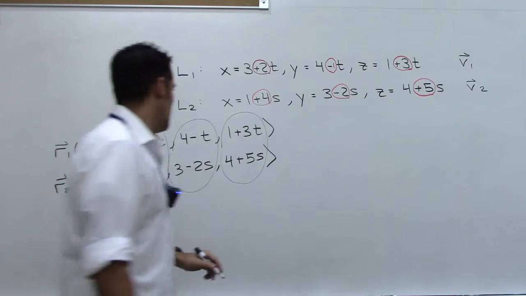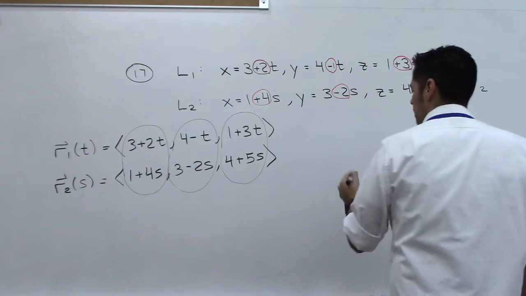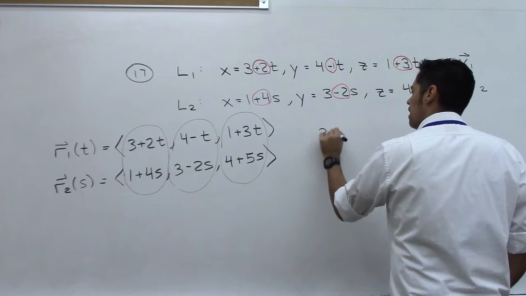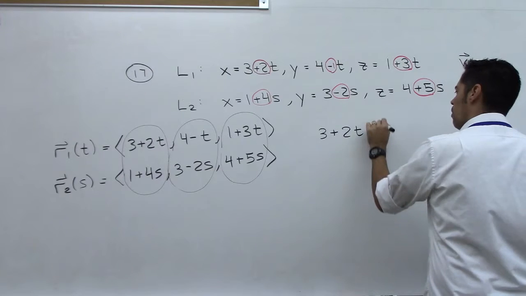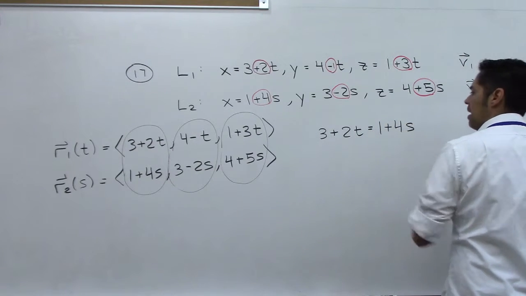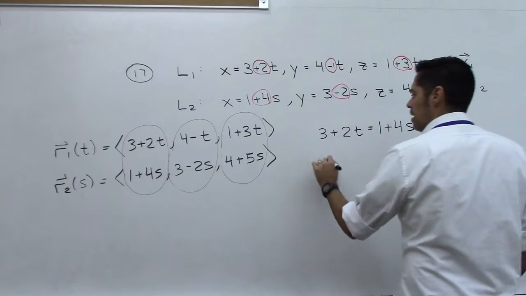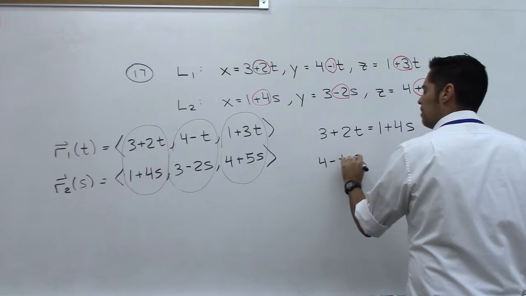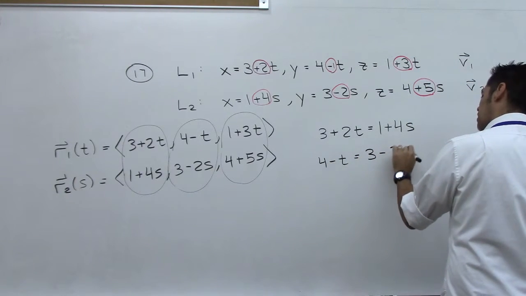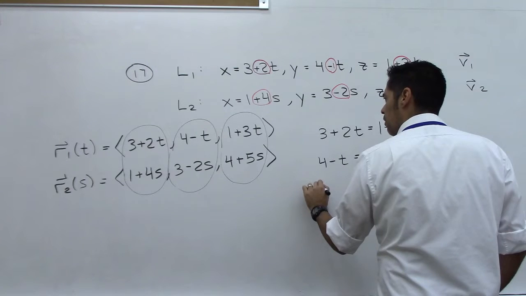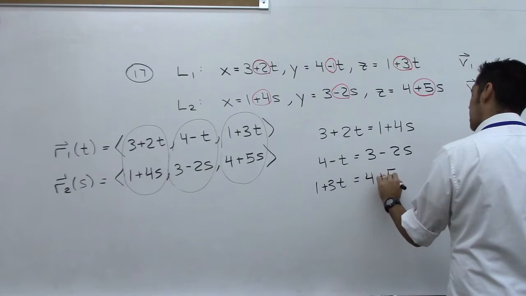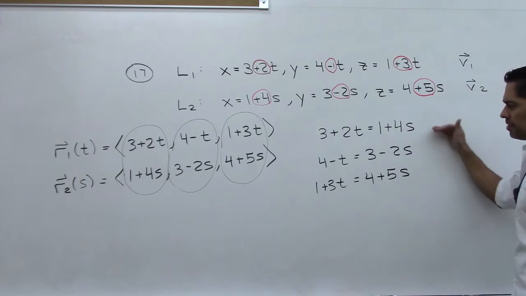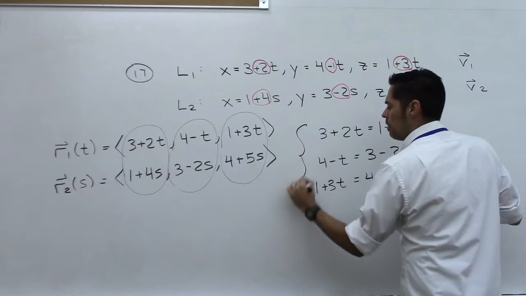So that means I have 3 different equations that have to be true. I have to have 3 plus 2t must equal 1 plus 4s. I need 4 minus t to be equal to 3 minus 2s. And lastly, I need 1 plus 3t to be equal to 4 plus 5s. And so what I have is a system of equations here.